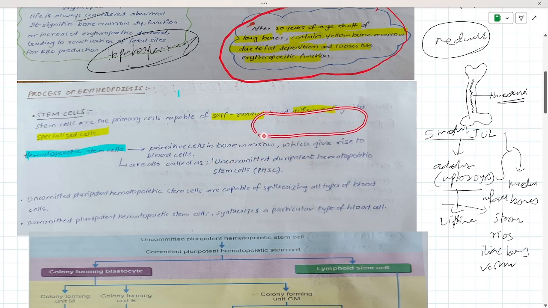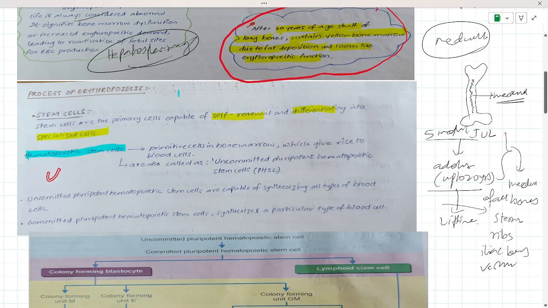Now, what is the meaning of these uncommitted pluripotent hematopoietic stem cells? As the name suggests, uncommitted. What does uncommitted mean? That it is not committed to a particular thing, right? So uncommitted pluripotent hematopoietic stem cells are the stem cells which are capable of synthesizing all types of blood cells.